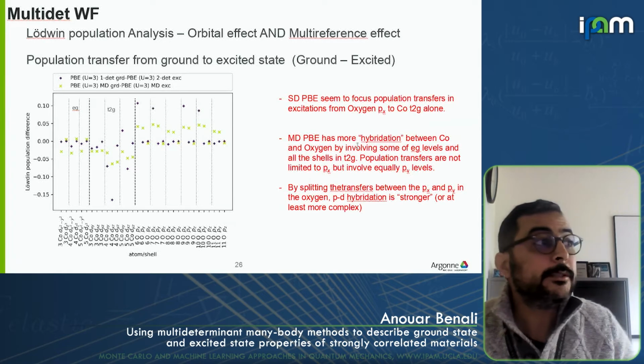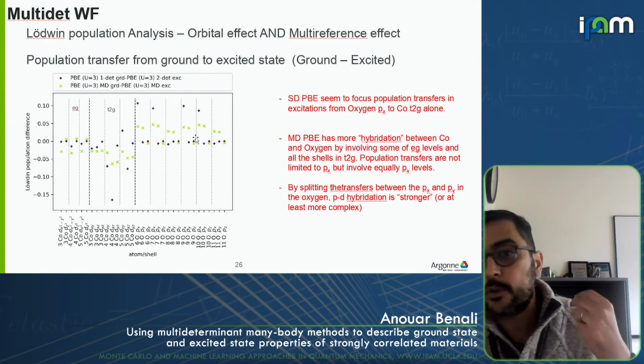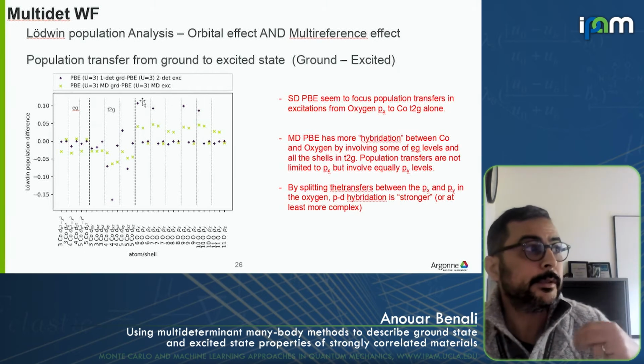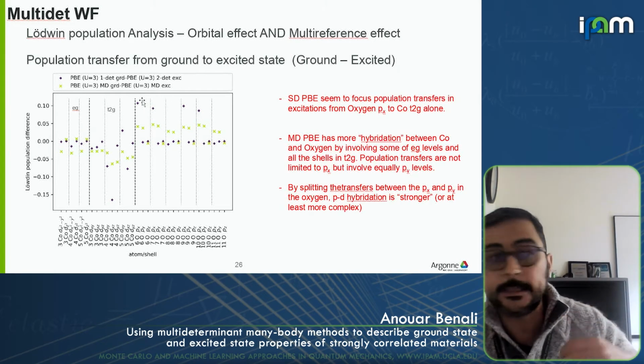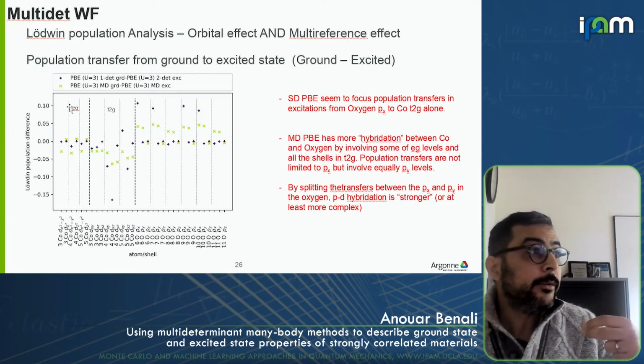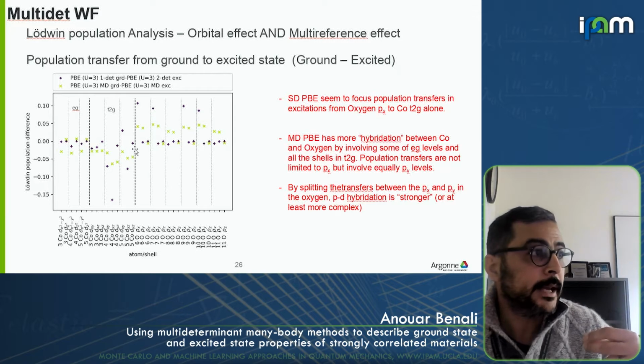Well, now we try to understand where the electron comes from when we do an excitation in the lithium cobalt dioxide. We take the difference between the ground state and the excited states to see the occupations, how they work. Here the small crosses are for the single determinant, and the X's are for the multi-determinant.